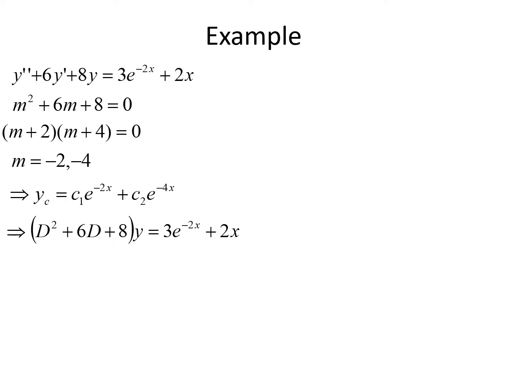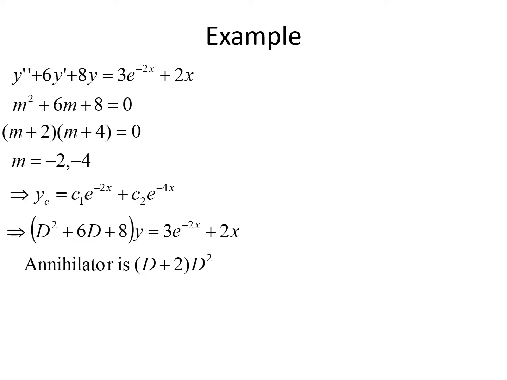We look at the right-hand side, 3e to the negative 2x plus 2x, and we identify the annihilator of that function. So for 3e to the negative 2x, that's an exponential. Its annihilator will be d plus 2. And 2x is a polynomial of degree 1, so its annihilator would be d squared.